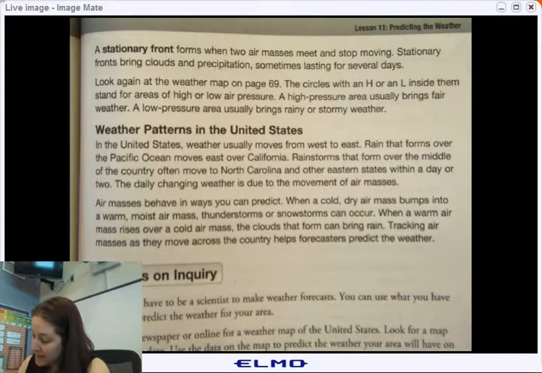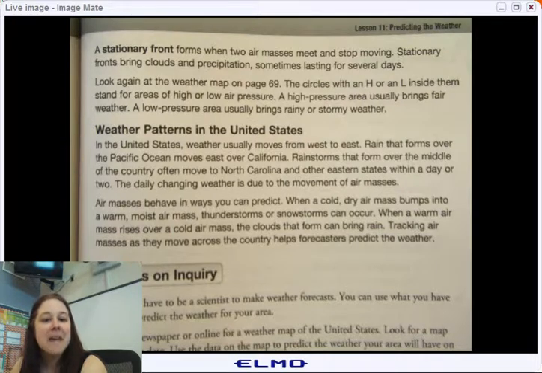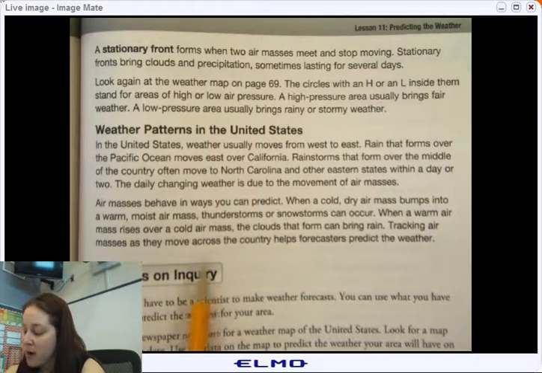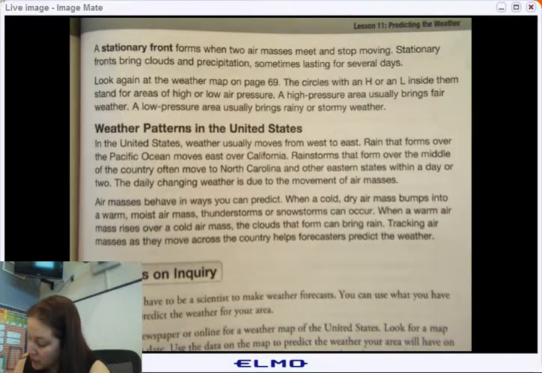Air masses behave in predictable ways. Tracking air masses as they blank across the country helps forecasters predict the weather. Tracking air masses as they move across the country helps predict the weather.